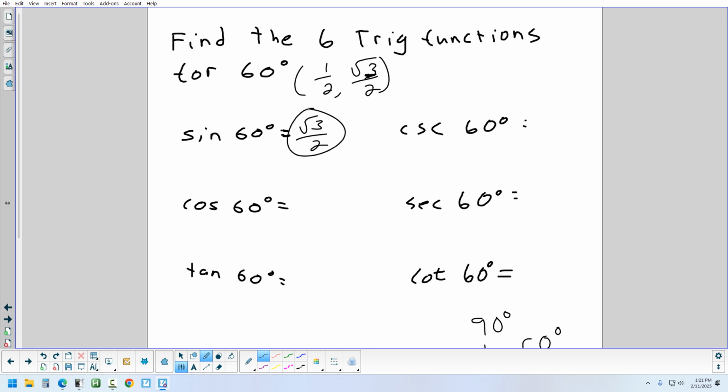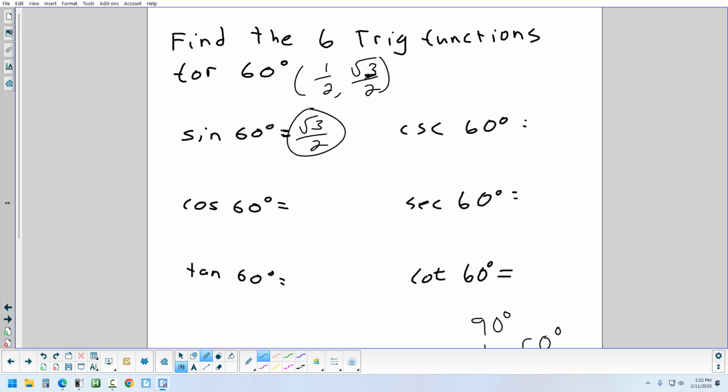Okay, so we got our sine. Brett, what's my formula for cosine? X over y. That's cotangent. So that's going to be the last one we do.